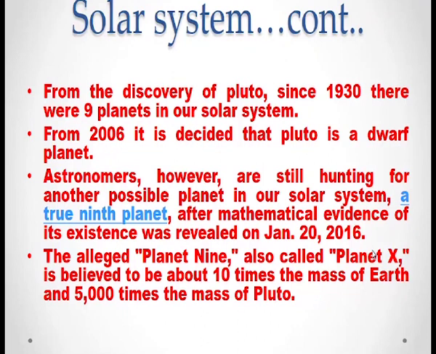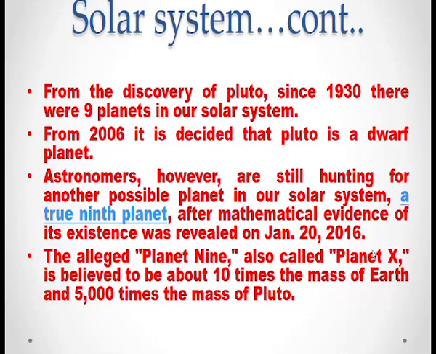Earlier, 9 planets were there in our solar system, because Pluto was included as one of the planets. Pluto was discovered in the year 1930, and from 1930 till 1990 it continued to be a planet. In 1990, a controversy arose among astronomers whether Pluto is a planet or something else.